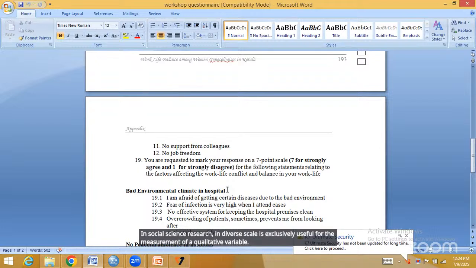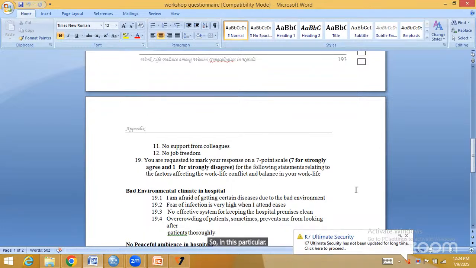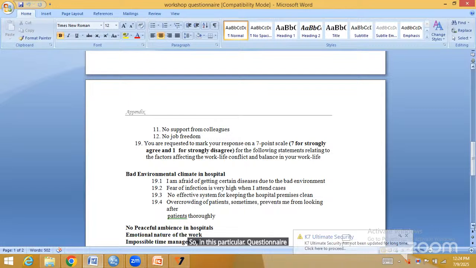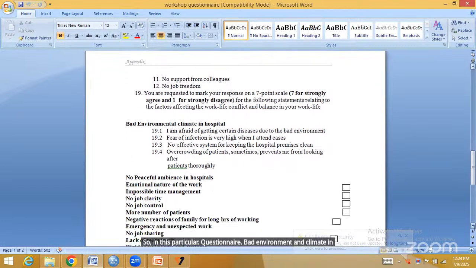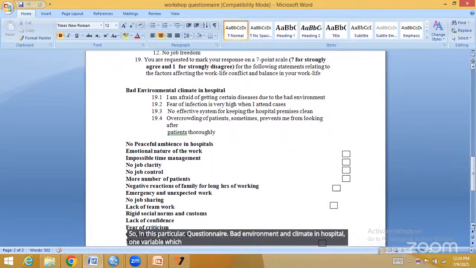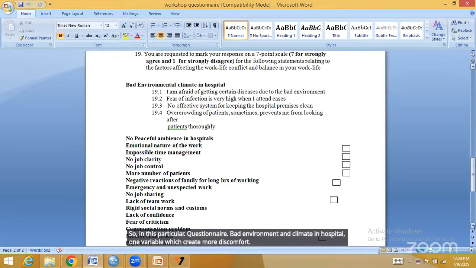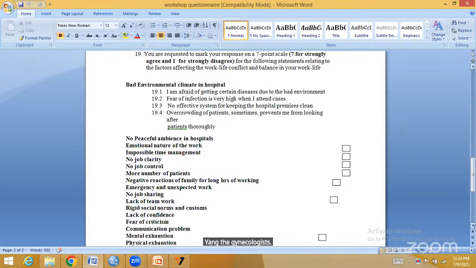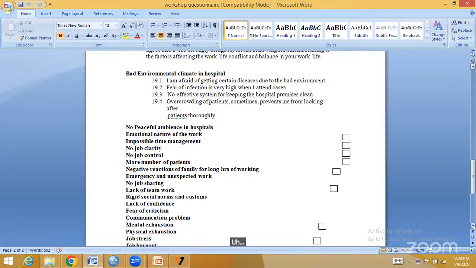So in this particular questionnaire, bad environment and climate in hospital, one variable which creates more discomfort among the gynecologists. No peaceful ambience in hospital, another variable I identified through literature review.